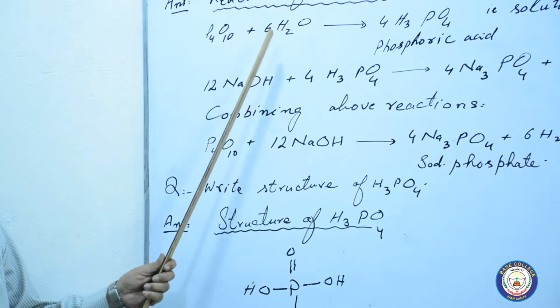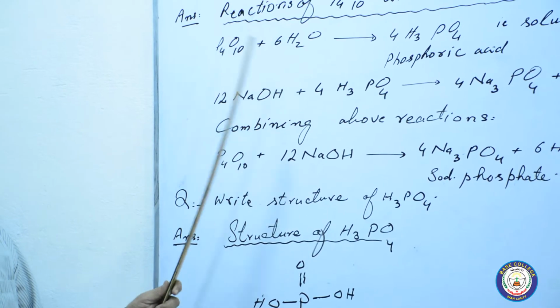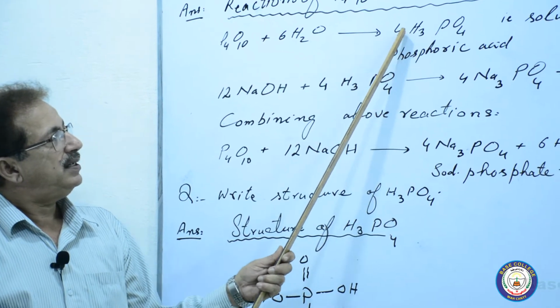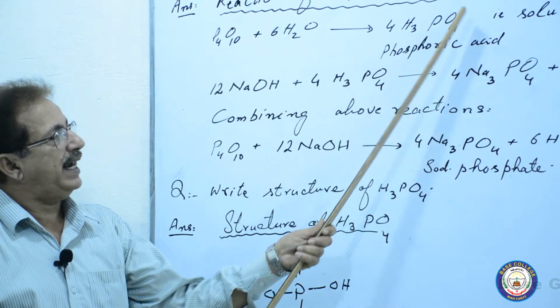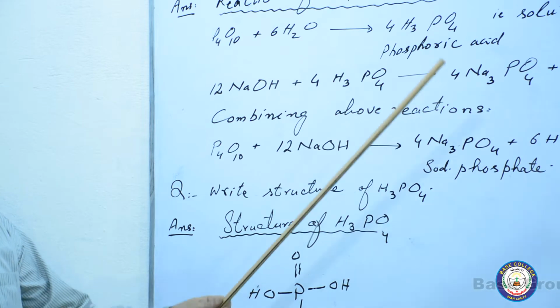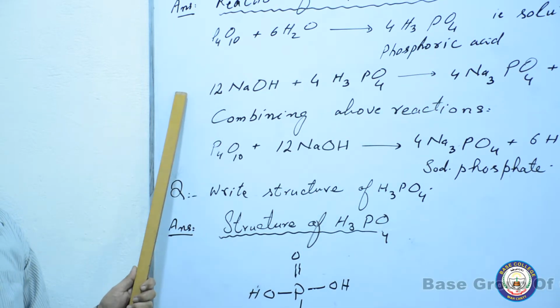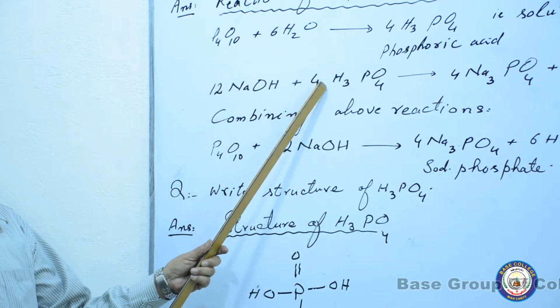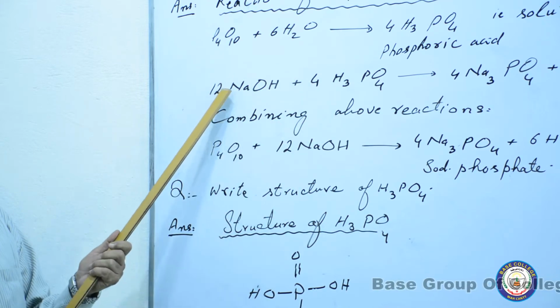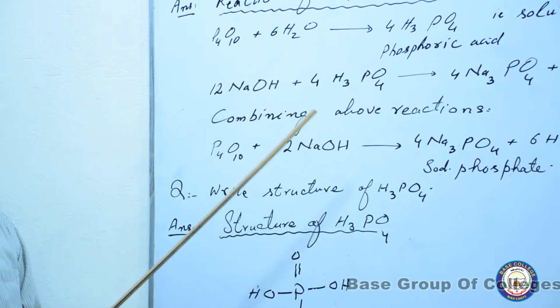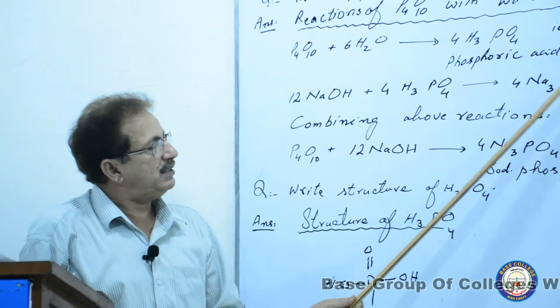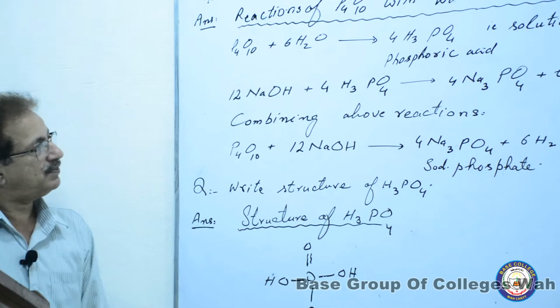P4O10 reacts with water to produce a solution containing phosphoric acid. Now phosphoric acid reacts with sodium hydroxide to produce sodium phosphate along with water.